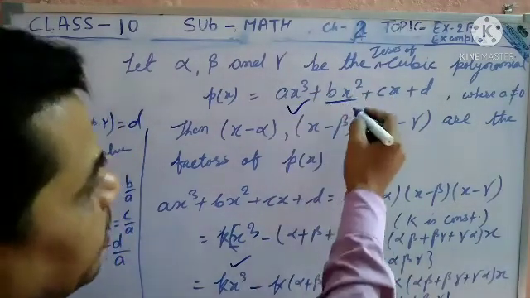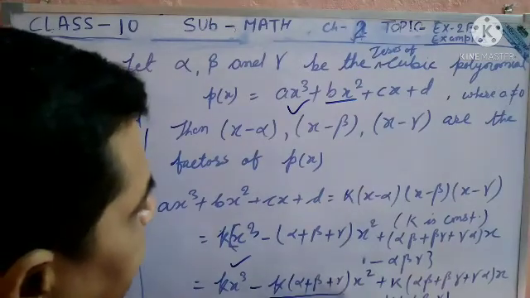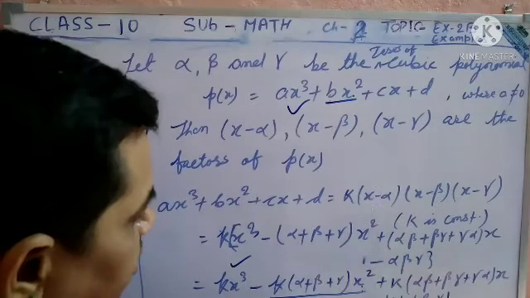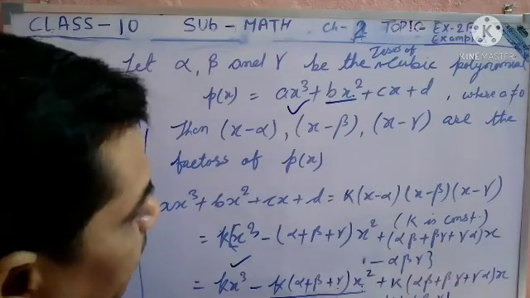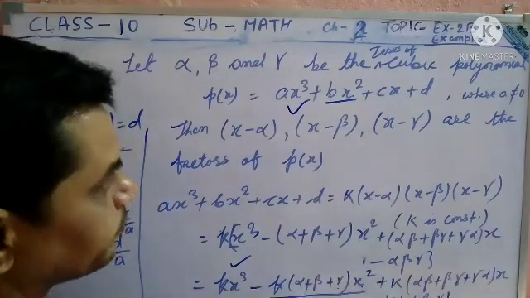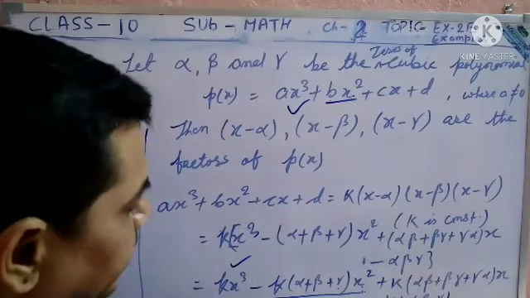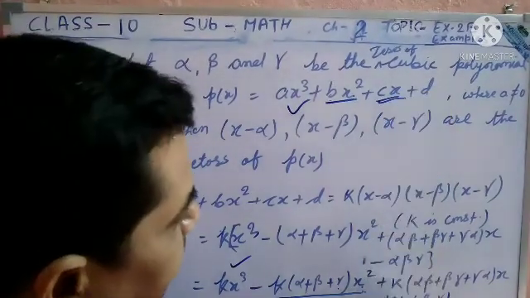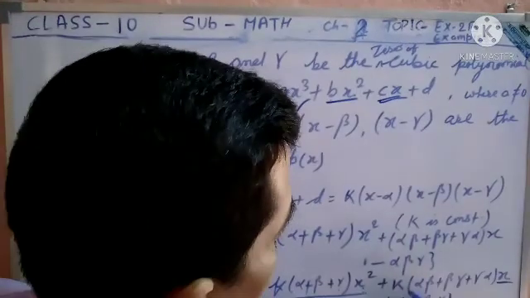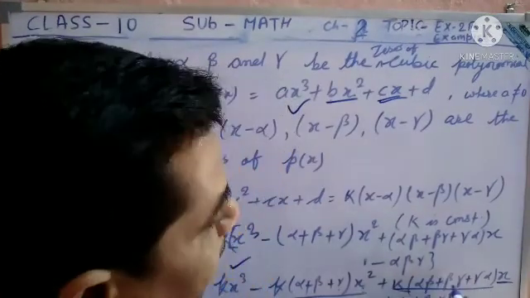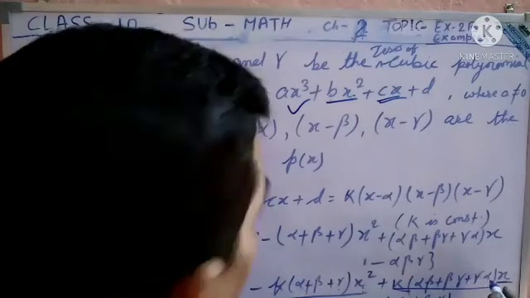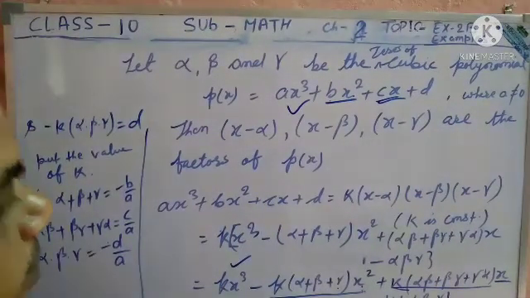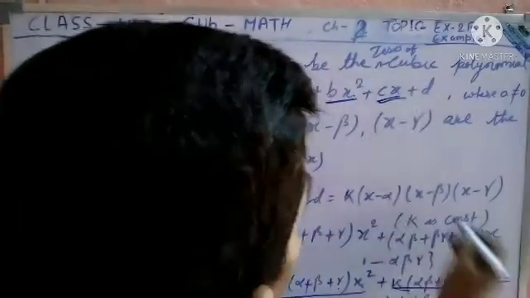Now for x square, minus k times alpha plus beta plus gamma is equal to b, taking the minus sign. For the x term, k times alpha beta plus beta gamma plus gamma alpha is equal to c.